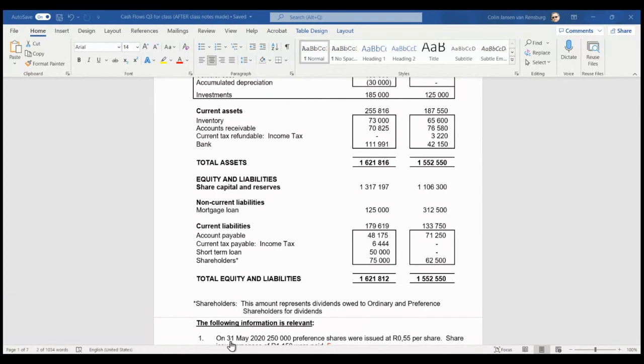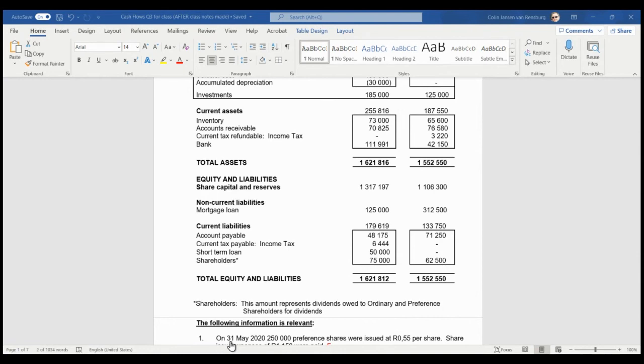That means the implication is that we have to go and reconstruct that account. Why? We said it earlier with debtors, because on that account, the accrual took place when we declared the dividends.